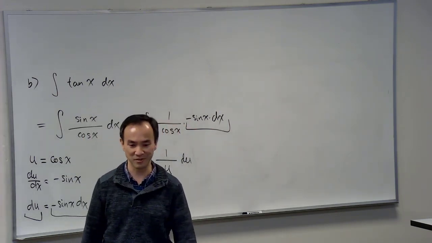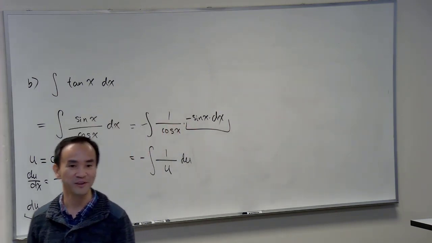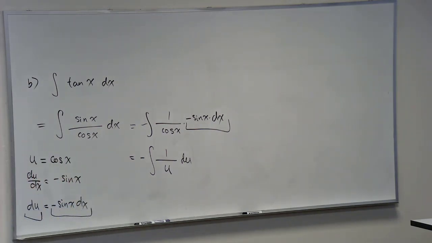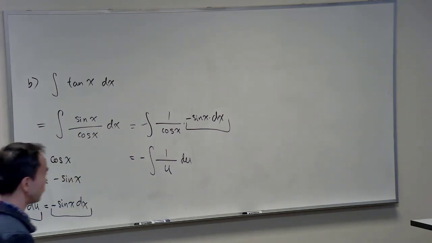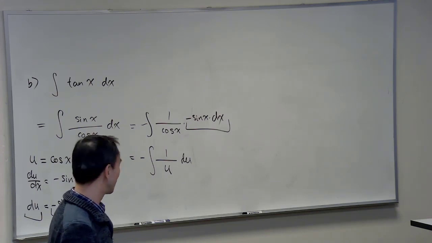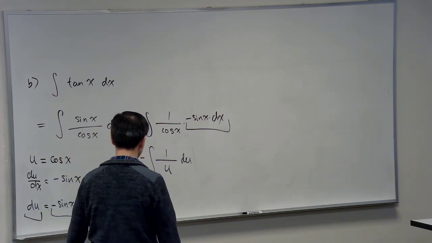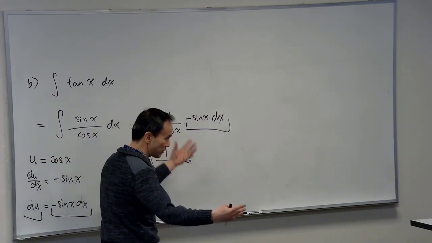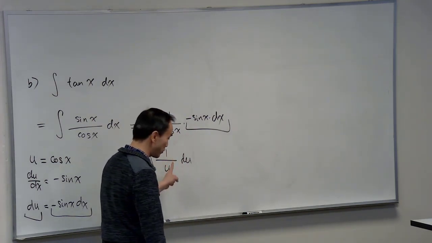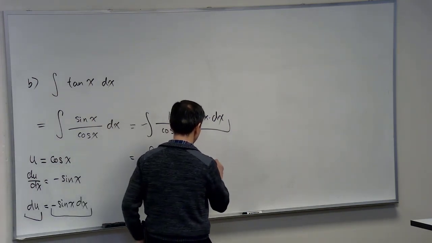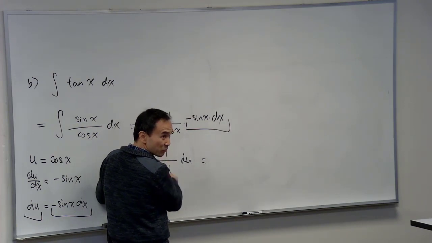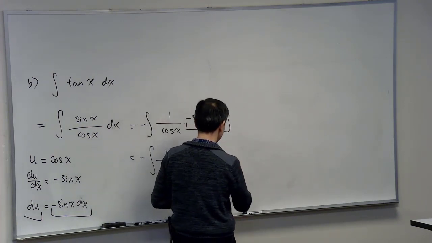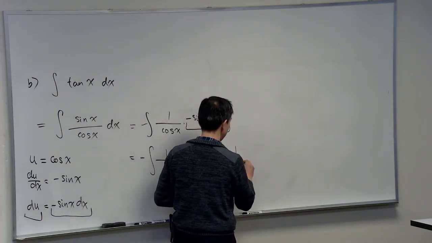And once again, we ask ourselves the two questions. The first one is, have we completely washed away the old variables? And we have. The next question is, did we make the problem any simpler? Yes, it is. Now we can use just a simple 1 over u antiderivative, so it's minus natural log of absolute value of u.